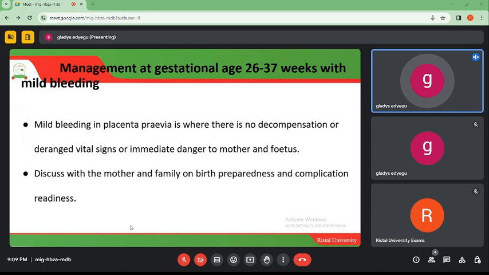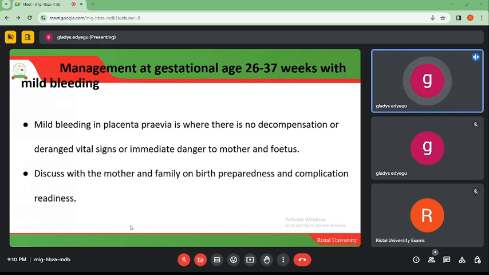That's why it is very important for us to actually know whether this mother is bleeding or she is not bleeding, and also to assess the level and the amount of the bleeding so that we can manage them appropriately. So in mild bleeding placenta previa, this is where there is no decompensation or deranged vital signs or immediate danger to the mother and the fetus.